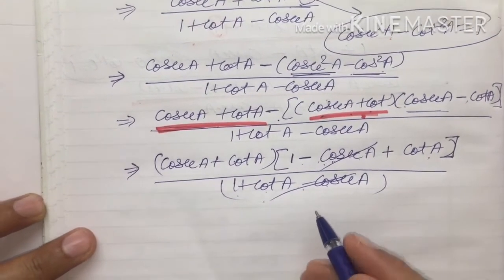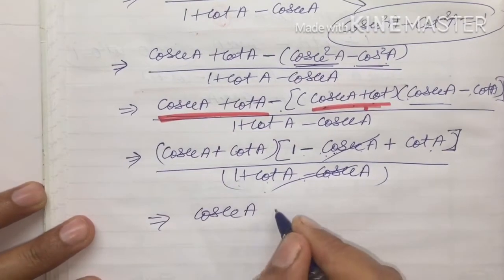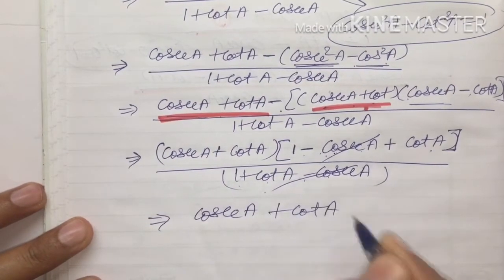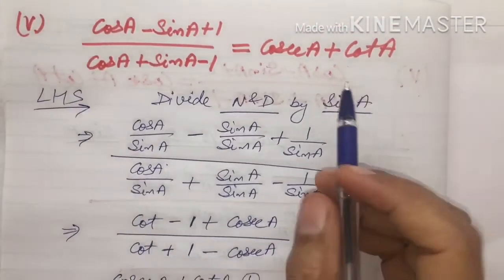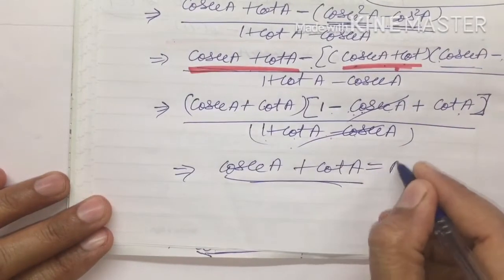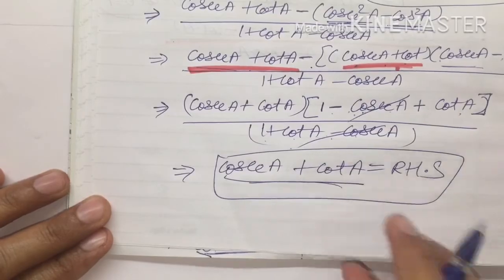So the left part is cosecant A plus cot A, and this is equal to our right side. In this way we have proved that the left hand side is equal to the right hand side.